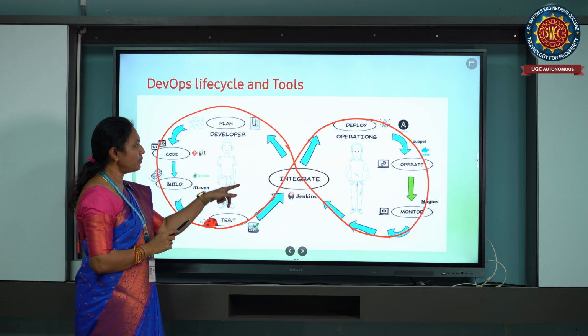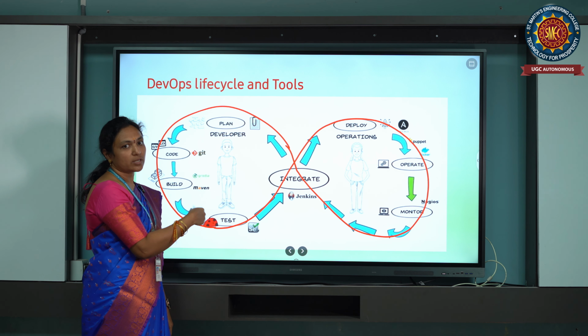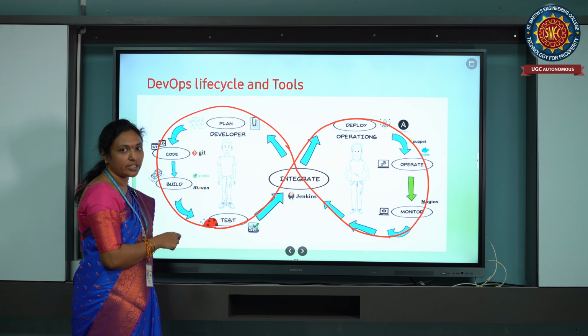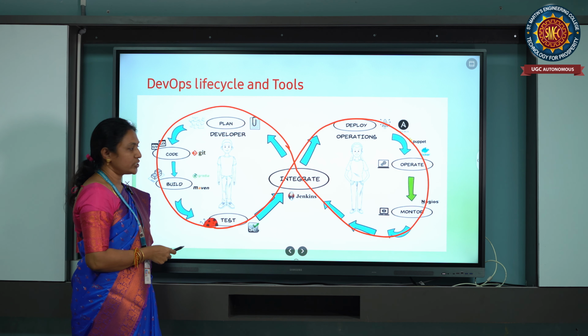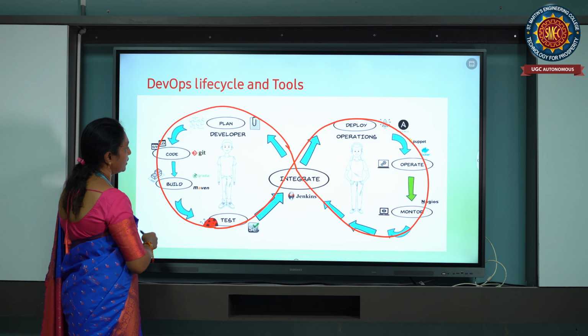So this symbol is like infinity. Infinity means the continuous process will be going on from the developer team and then the operations team up to the monitoring stage. So this is the symbol of DevOps.